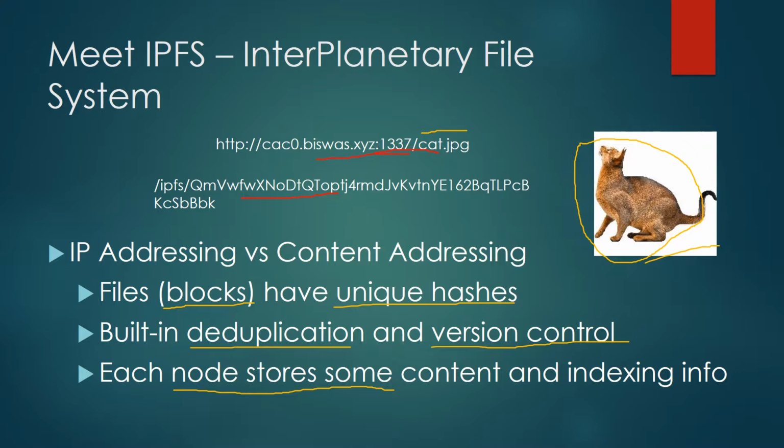If the file or block size is small enough, it can actually store the data directly in the blockchain. If the block is bigger, then it will simply have a link in the blockchain telling the client which node on the network has the data that you're looking for.